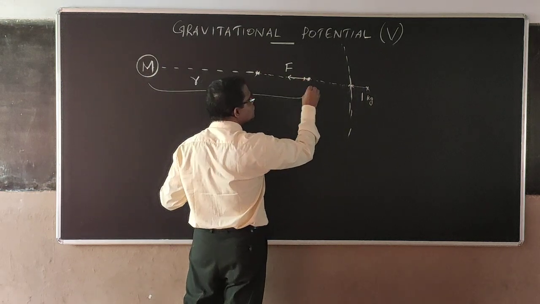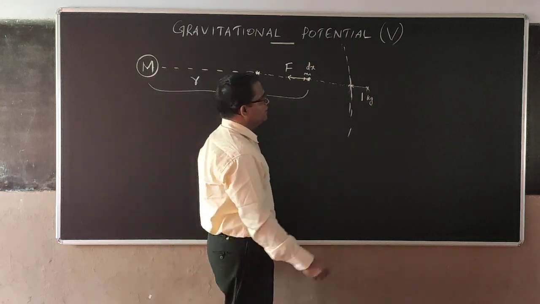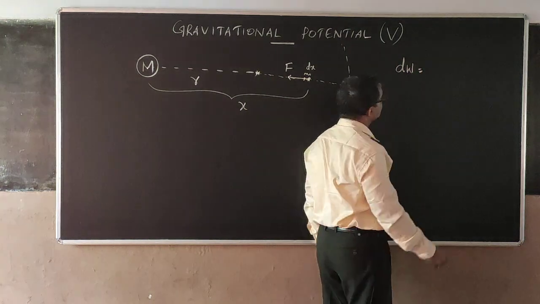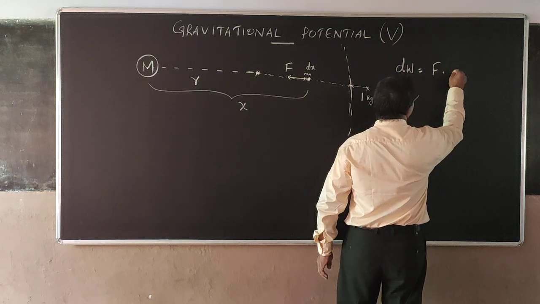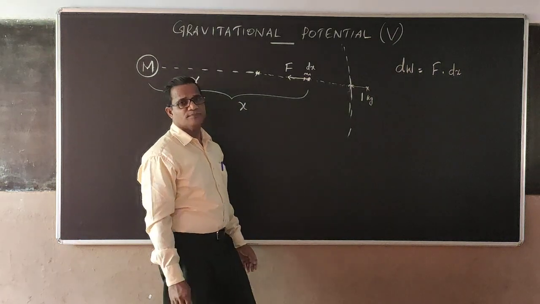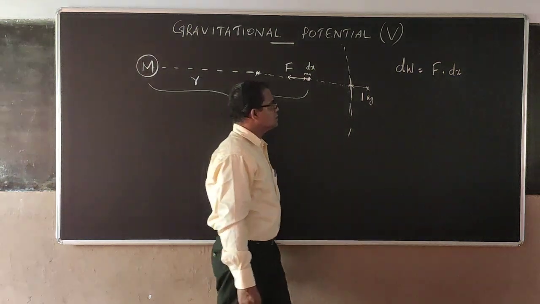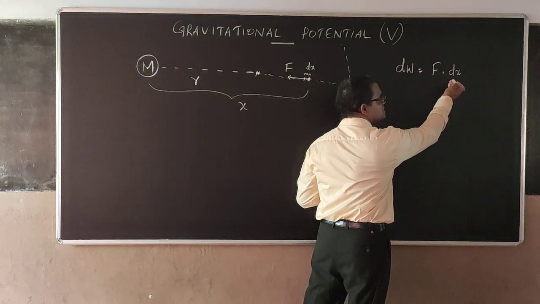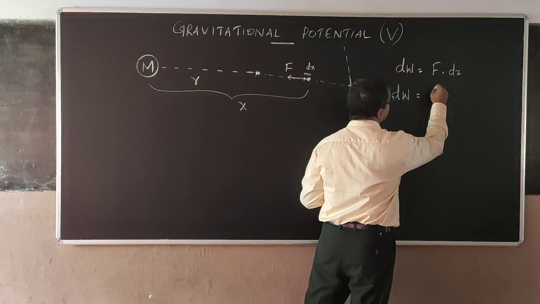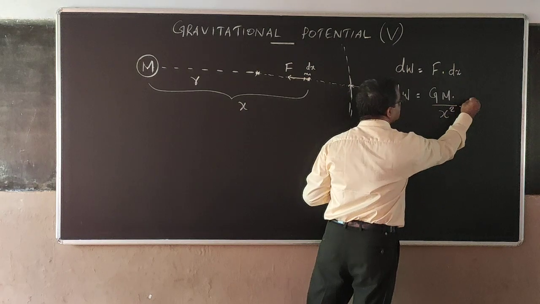If I want to move it a very small distance dx, then the work done dW will be equal to F into dx, force into displacement. Okay? Using this equation, if I substitute for the force, F will be equal to capital G into M into 1 divided by x square, into dx.